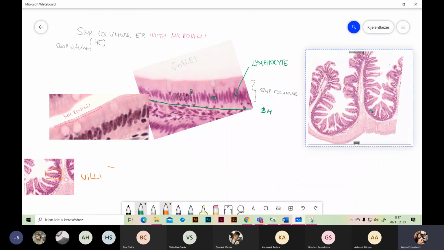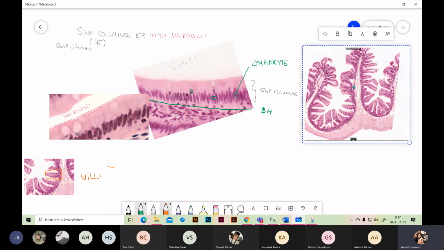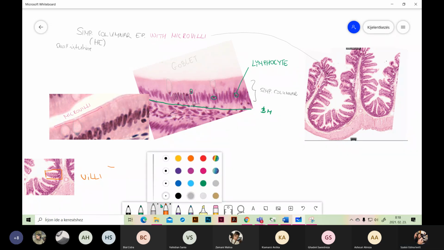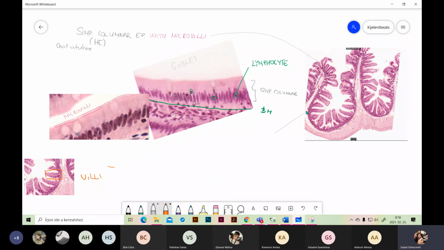On the surface we can find this type of epithelium, simple columnar epithelium with microvilli. This epithelium is on the surface here, you see. And under the epithelium, you can find the connective tissue.